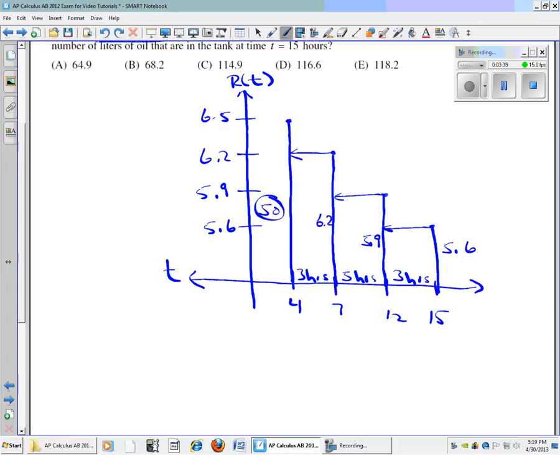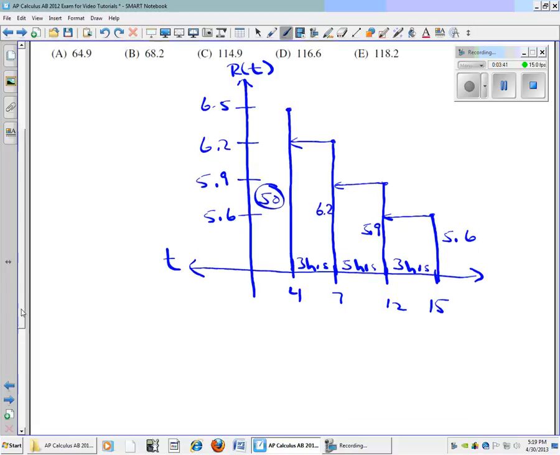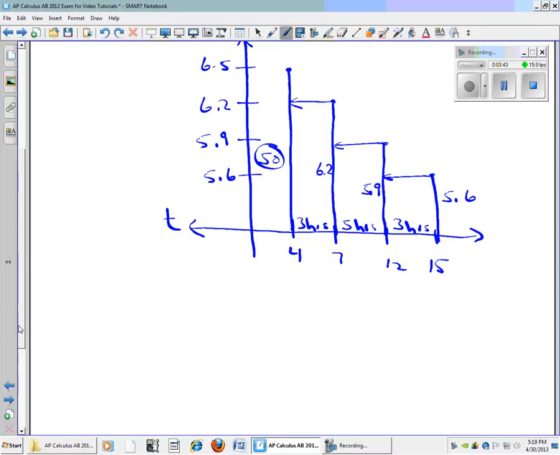So when we use this Riemann sum, we're going to be looking at the rate times the hours. So that's going to end up being 6.2 liters per hour times the 3 hours. And we notice the hours are going to cancel, and we're going to be left with liters.